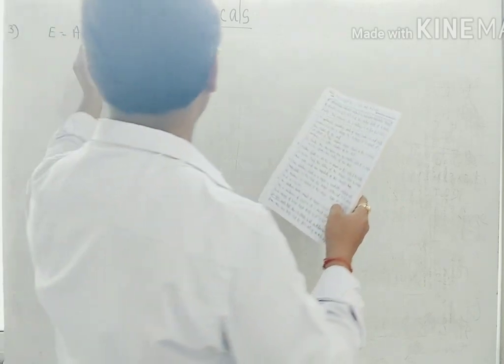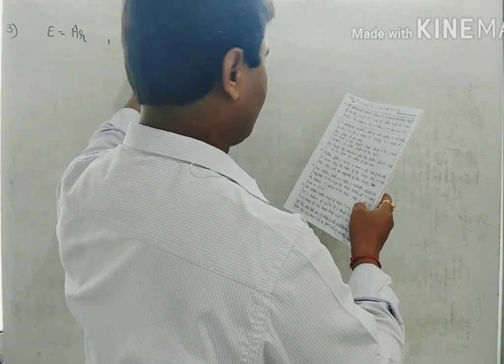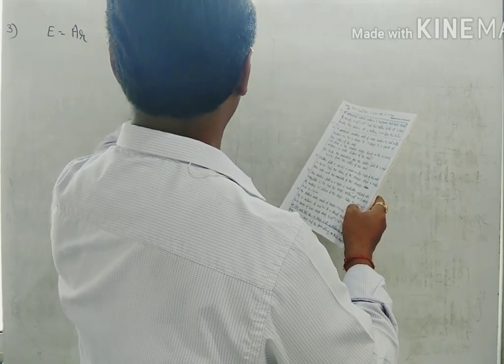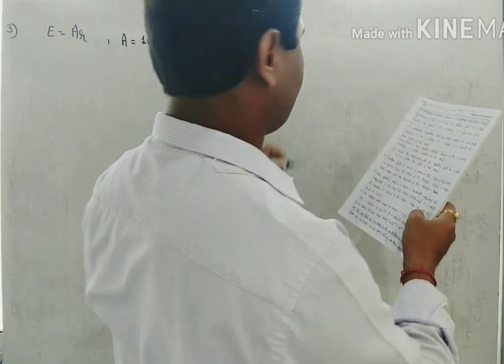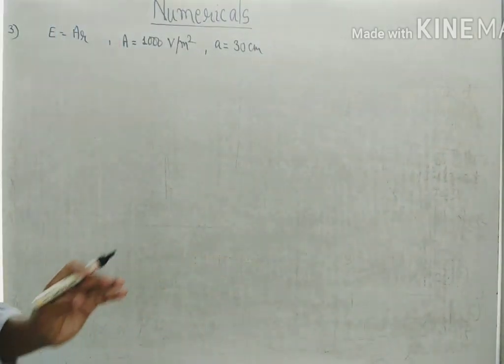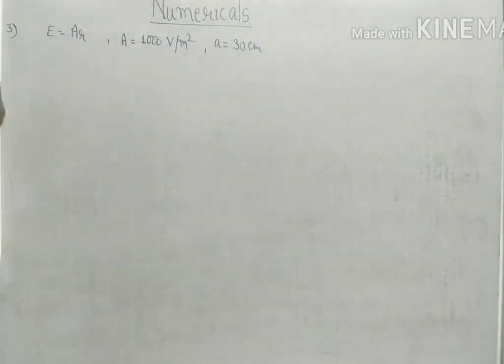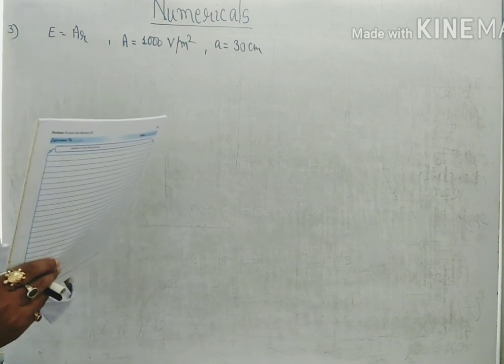Take A equals 100,000 volt per square meter and small a equals 30 centimeter. This is the given information in the question. Actually we don't need a diagram, we can directly go ahead.